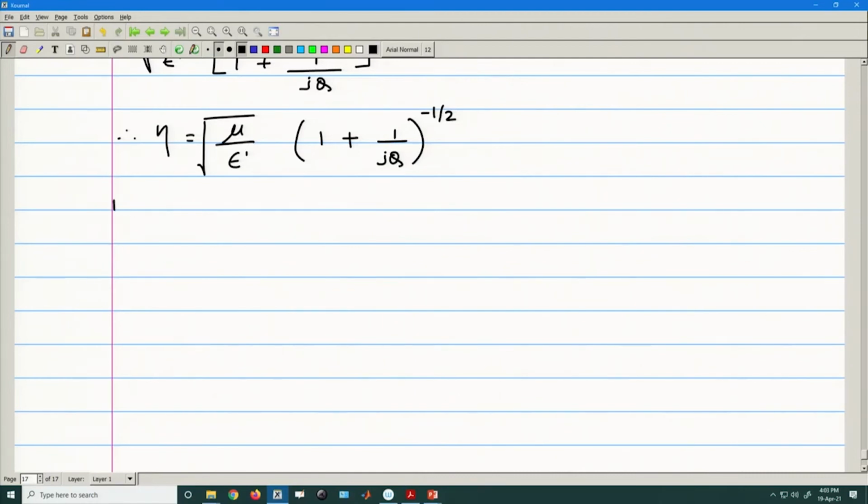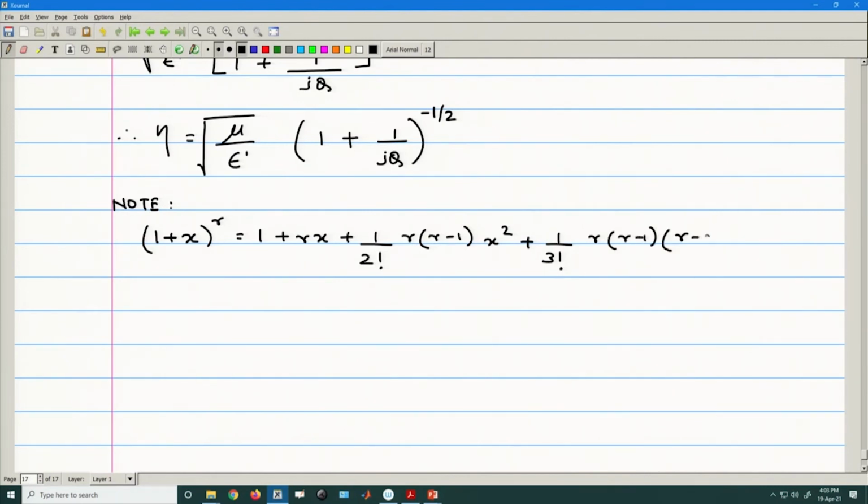So we know, just as a note, for expanding, it is in the form of 1 plus x to the power r, that can be expanded as 1 plus rx plus 1 by 2 factorial r multiplied by r minus 1 x square plus 1 upon 3 factorial r minus 1 r minus 2 x cube plus dot dot.